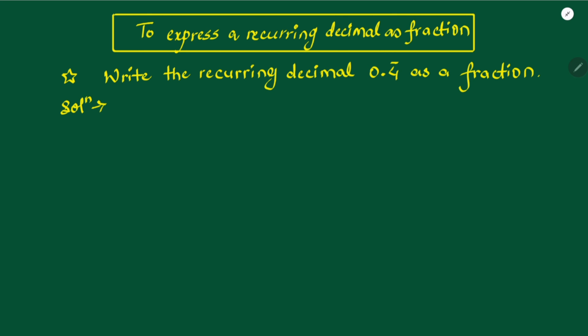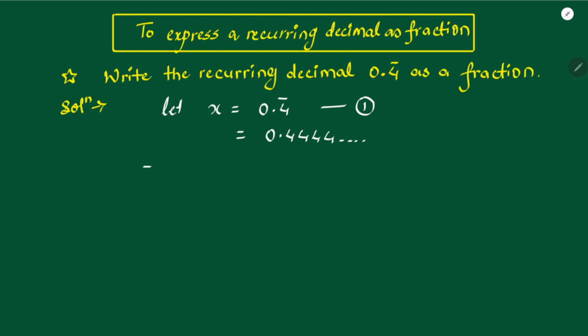Let's solve this question. Let's assume that x is equal to this recurring decimal, that is 0.4 bar. Now I can write this 0.4 bar as 0.4444 and so on. Let's call this equation 1.